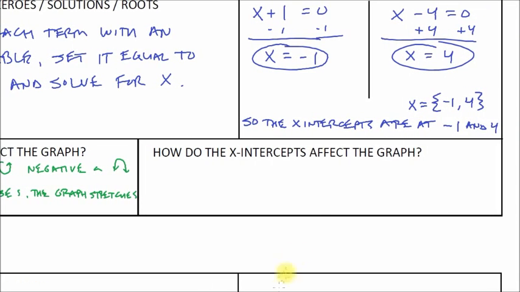How do the x-intercepts affect the graph? What happens when our x-intercepts move? Well, it's kind of difficult to explain, but we can explain it this way.